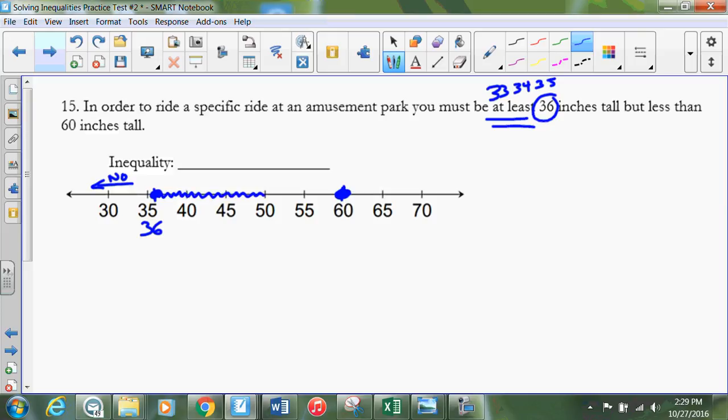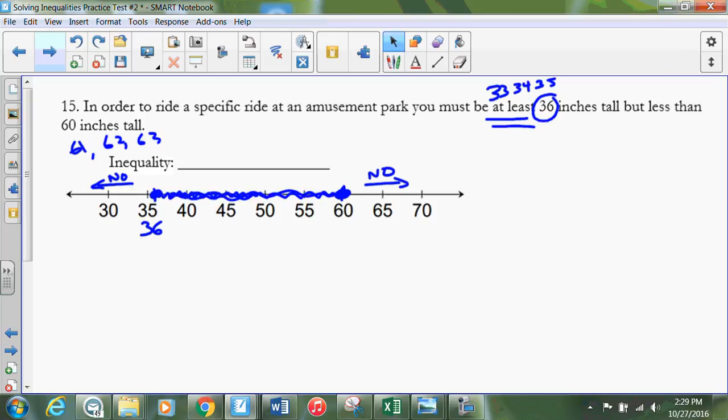Okay. Now let's think about 60. If you are 61 or 62 or 63 inches tall, can you go on this ride? No. The tallest you can be to go on the ride is 60. So I can't shade that way. So I can only shade in between these two heights. And when I think about what I drew, I'm going to get rid of these no's so that doesn't confuse you.